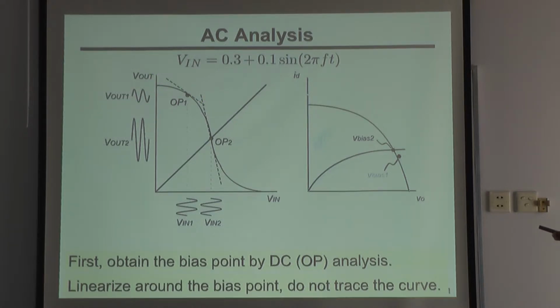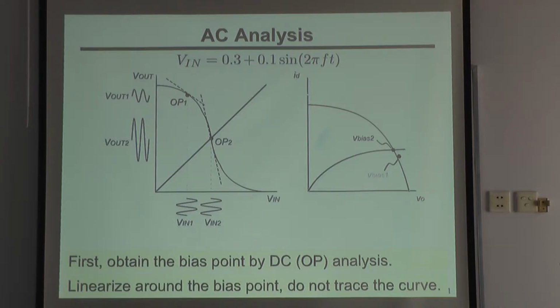And for AC analysis, we assume that we have this straight line, not this curve. We assume this straight line around the bias voltage. So when the voltage changes around this bias point, we use this straight line for AC analysis.